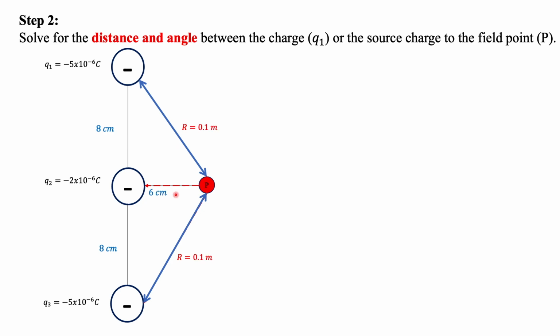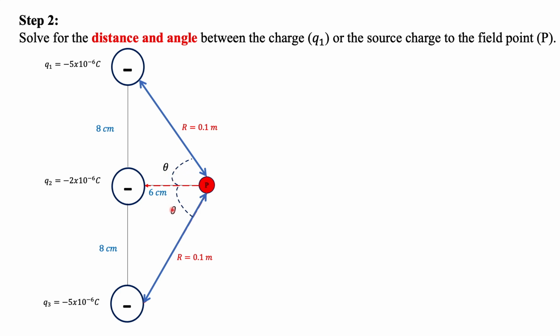Now after we are done with solving for the distances r, we need to solve for this angle theta over here, and so is this angle theta. But I'm hoping you realize that because of the geometry of the problem, you have the same distance r, the same 8 centimeters, and the same 6 centimeters. They're practically the same triangle, so the angles for this one should be the same.